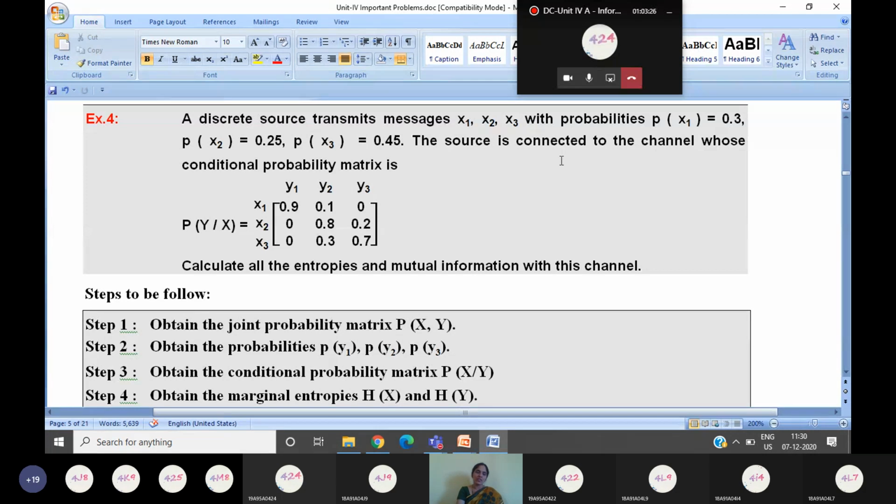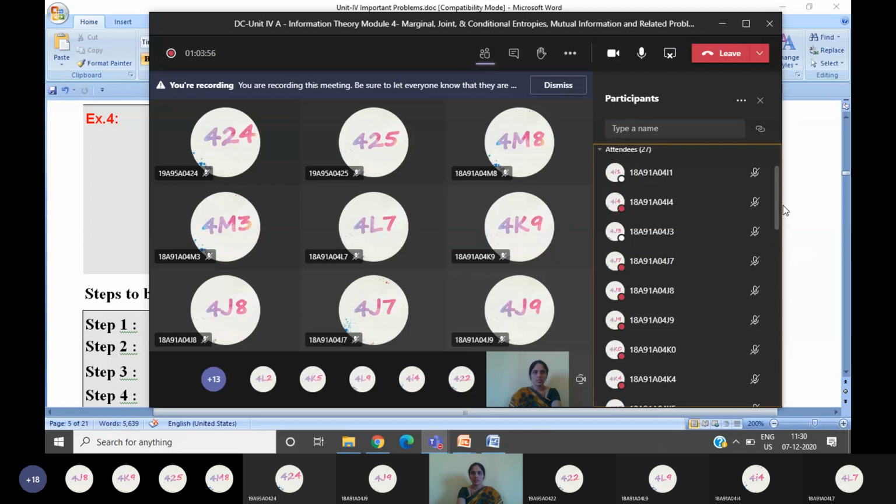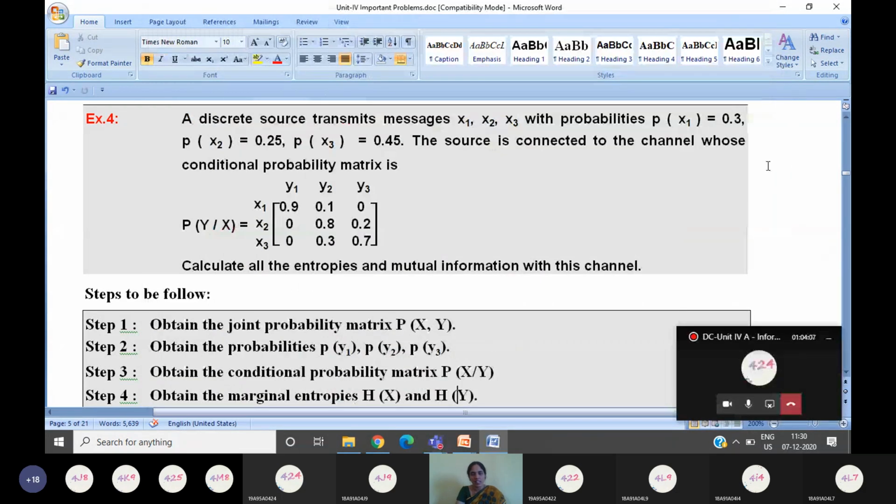These model of problems are very important, and definitely you will get problems from this model. How many elements are there at least in the transmitter? Tell me that at least, size you can say later. Twenty-seven members are there, so any one of you please respond. What is the matrix size of P of X?